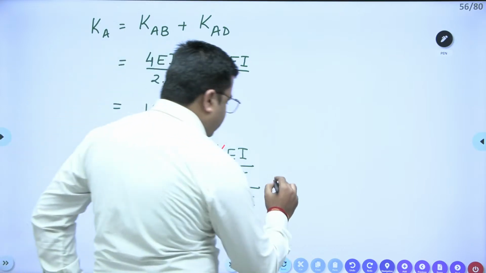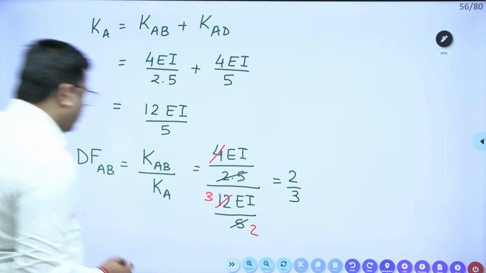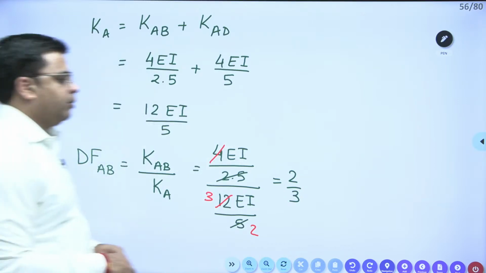So 2 by 3 is the distribution factor for member AB.